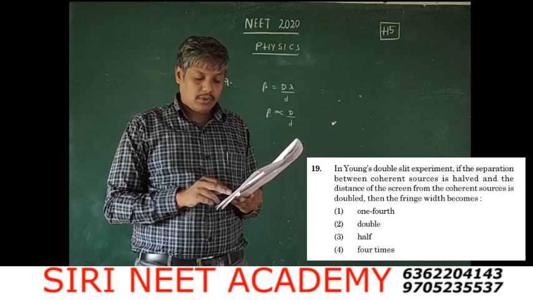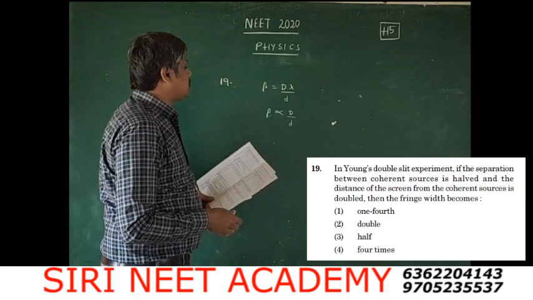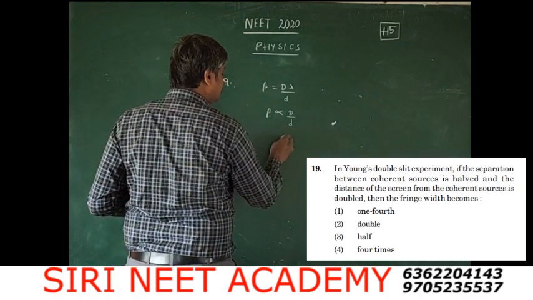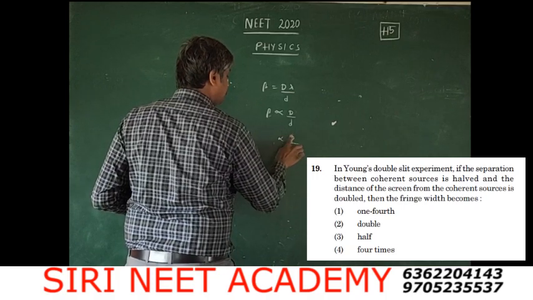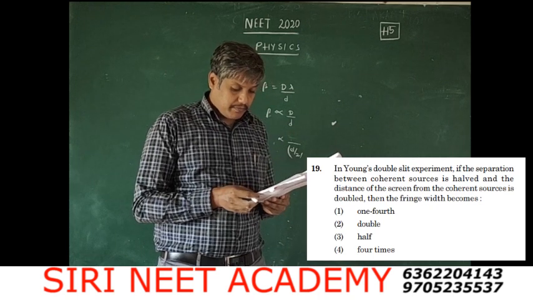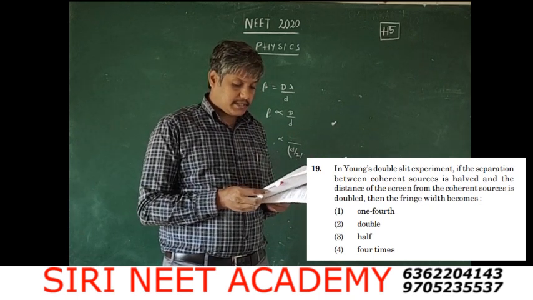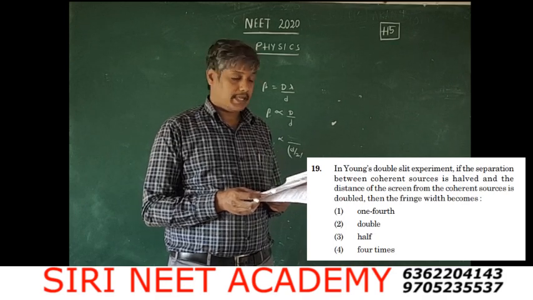So the separation between the coherent sources is half, and the distance of screen from the coherent sources is doubled.